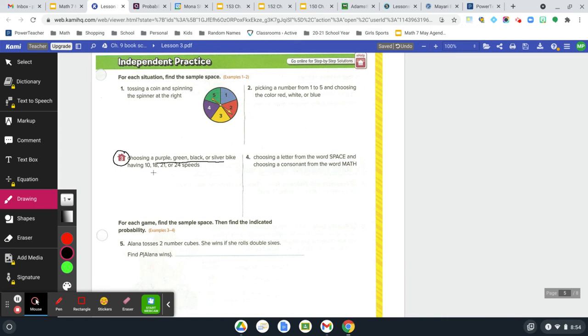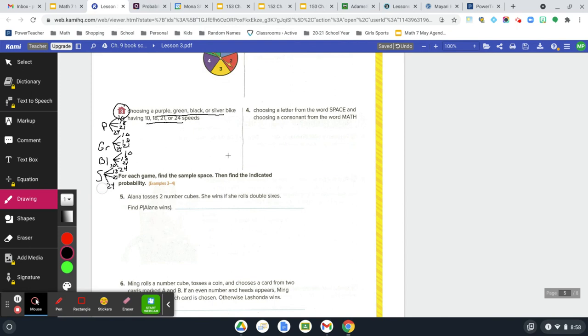And then you can get that bike in a 10, 18, 21, or 24 speed. So see what you can do with this. See if you can create the tree diagram. See if you can count the number of outcomes. And then, so pause the video, try it out, meet you back.